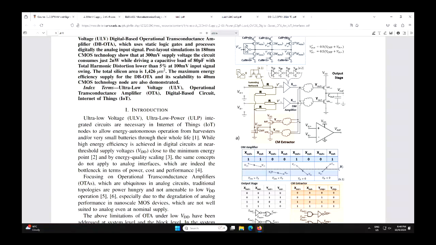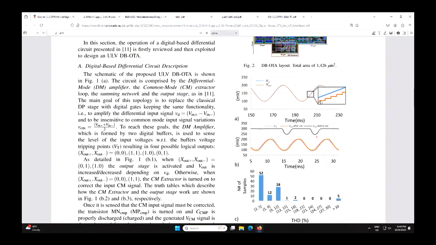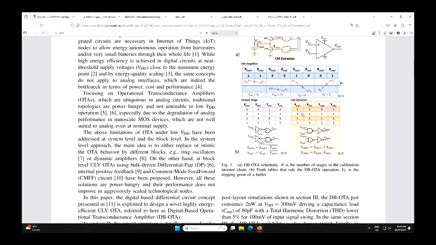So the delay is the delay of the combinational logic plus the charge and discharge time. And I think this is the main limitation of the frequency. And you can check here, it needs to wait for the VCMP until it works.